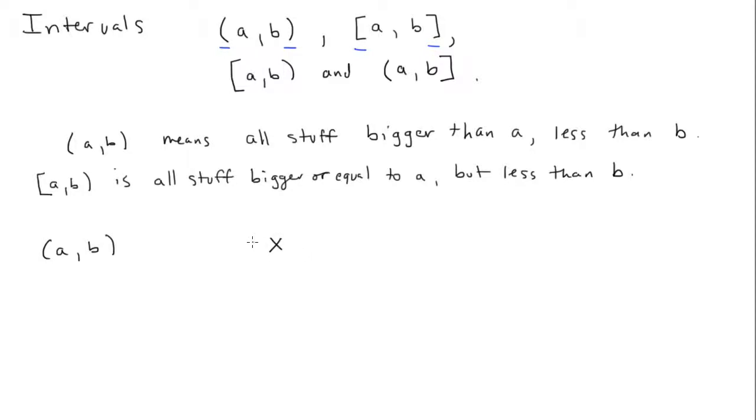And in this case we want X to be bigger than A and less than B. And so this interval can be translated into an inequality, A less than X less than B. Similarly, [a, b) can be translated into this, A less than or equal to X less than B. And that's a much nicer notation for it.